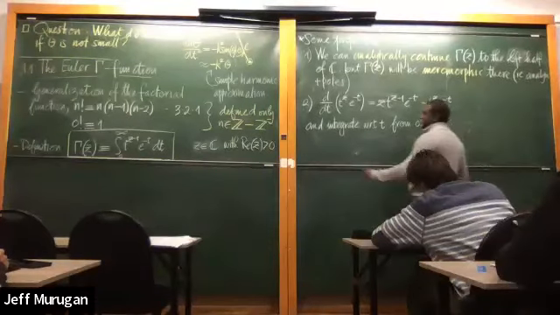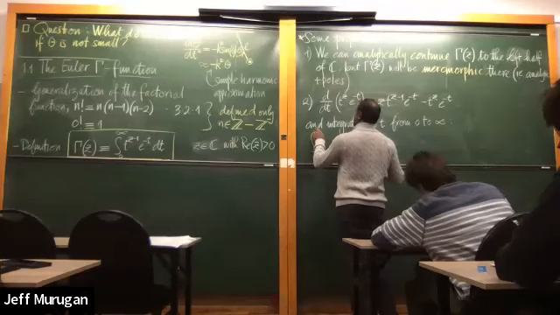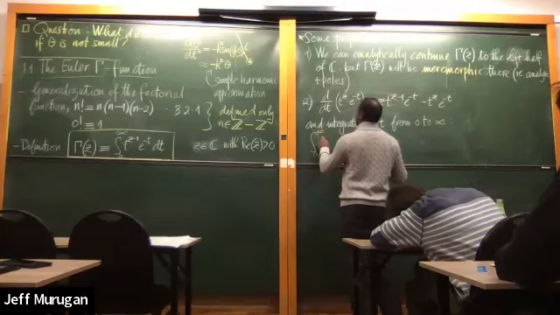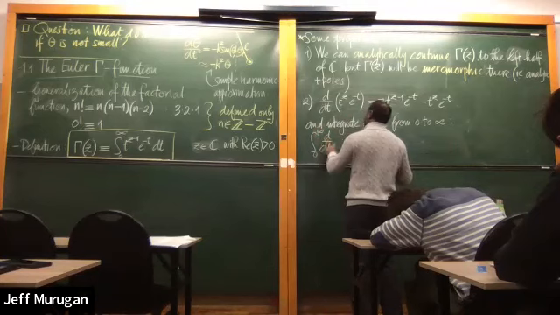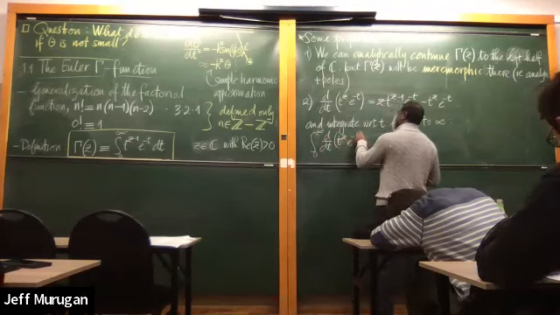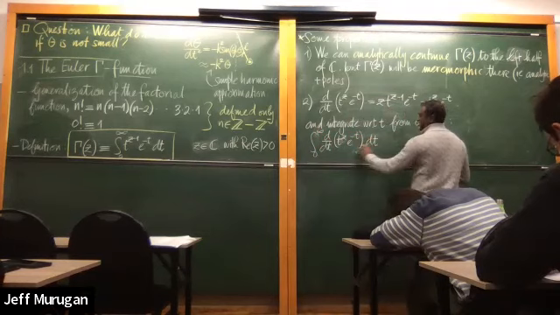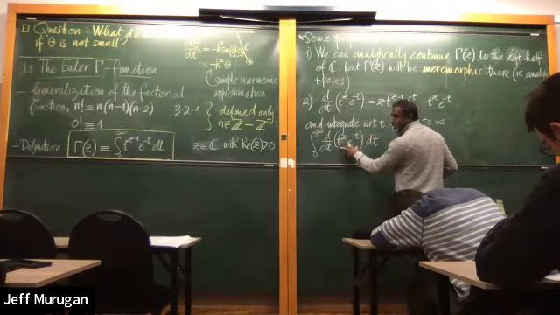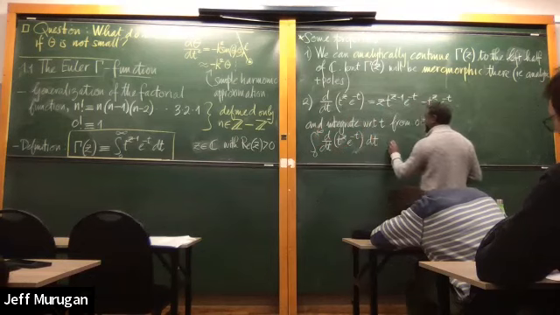Okay. So I integrate from 0 to infinity of the derivative of t to the z e to the minus t. The integral of the derivative is inside here, so I can evaluate 0 to infinity.